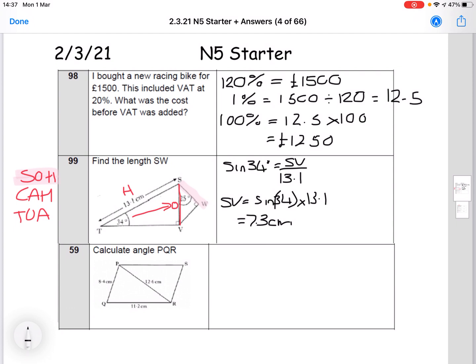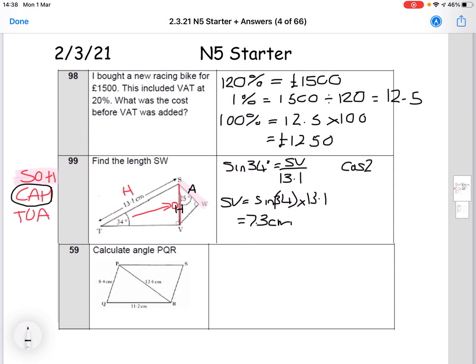So in that second triangle, the side S to V is now the hypotenuse of that smaller triangle because it's straight across from your right angle. And the side that we're looking to find S to W, that is the adjacent side to the angle that we have. So in that case, it's A and H, so it's going to be cos we're going to use for that triangle.